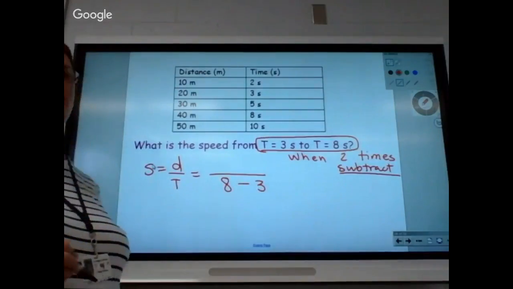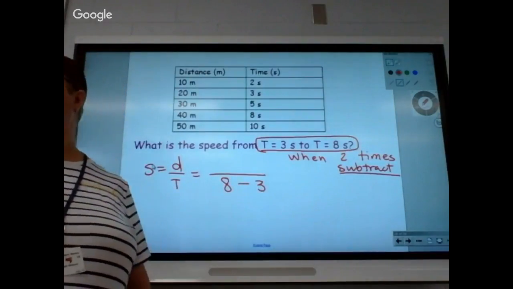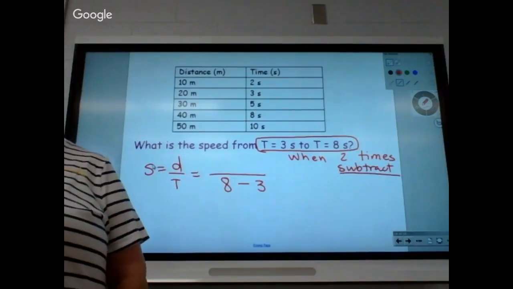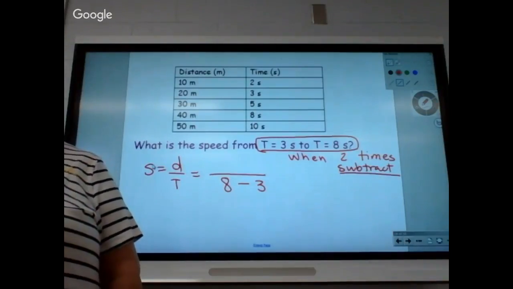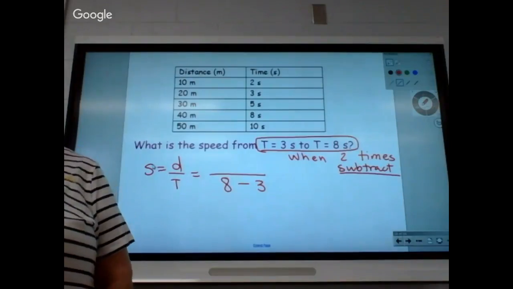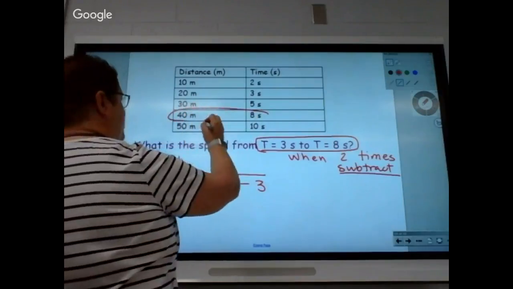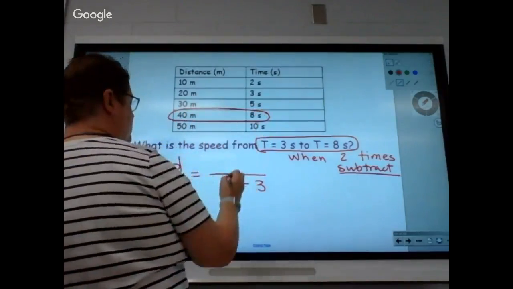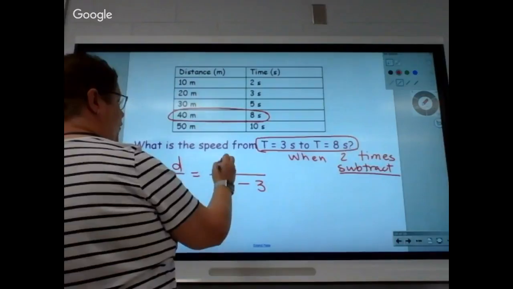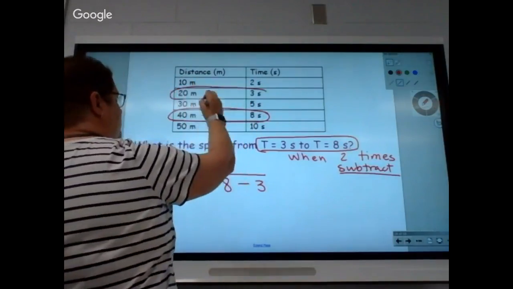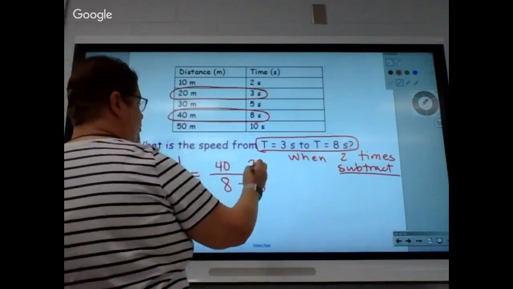Now, the problem is, I didn't give you the distances, did I? However, I gave you a table. So you have to match the distances to the times. Right here, you see the 8 seconds, and you see the 40, right? So, 8 has 40 for a distance. And then 3 has what? 20. So we're going to put 20 there.